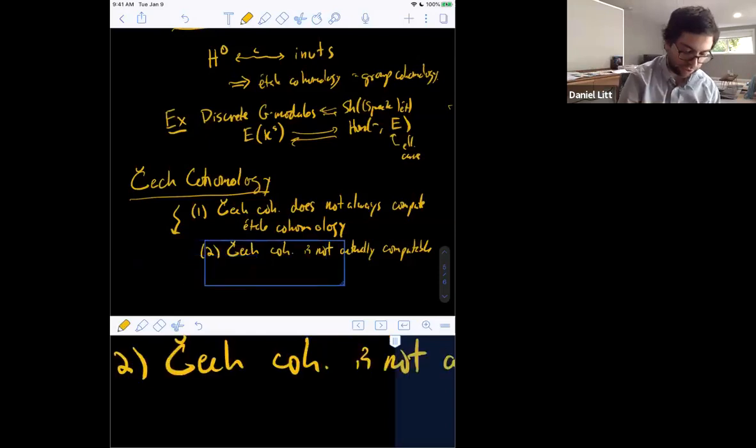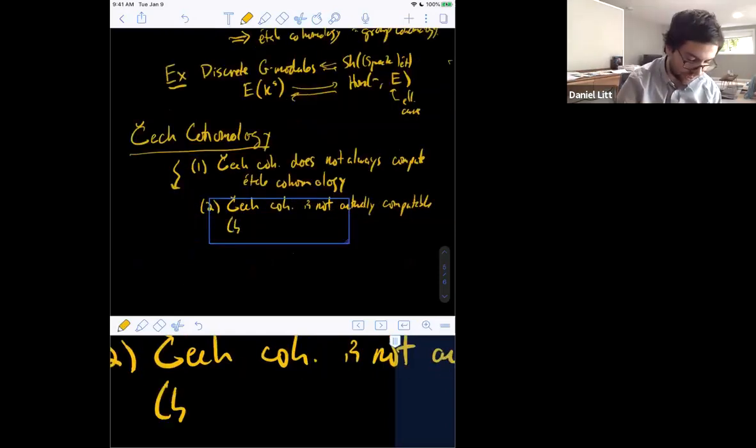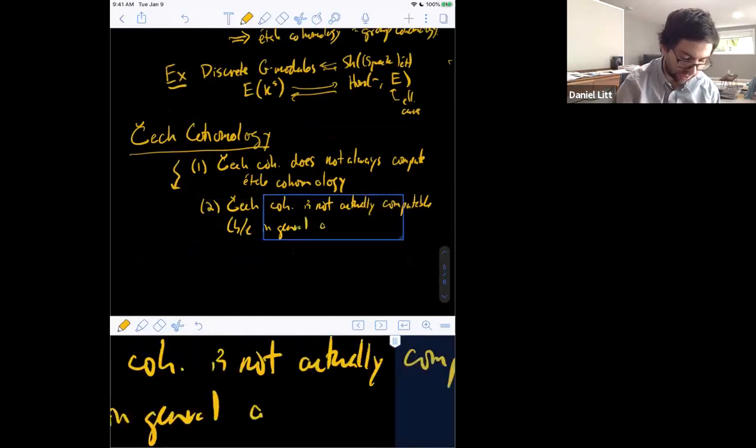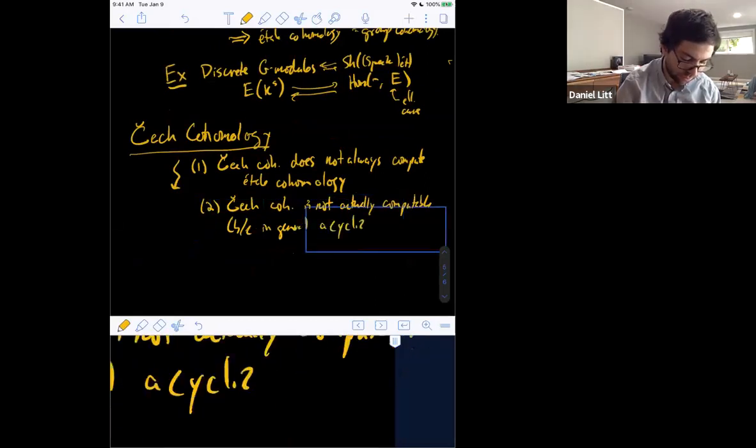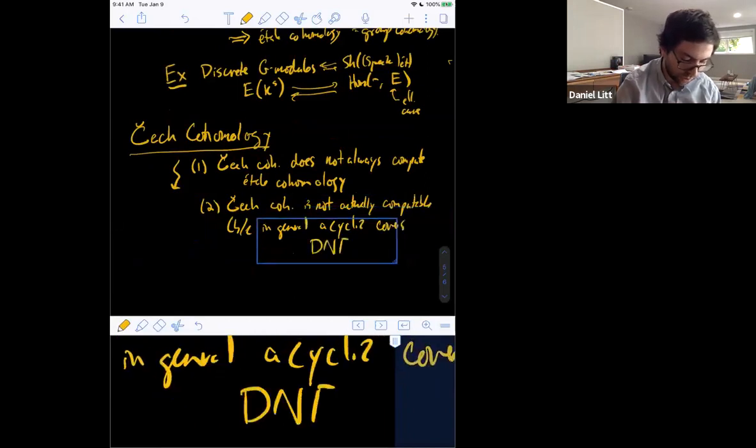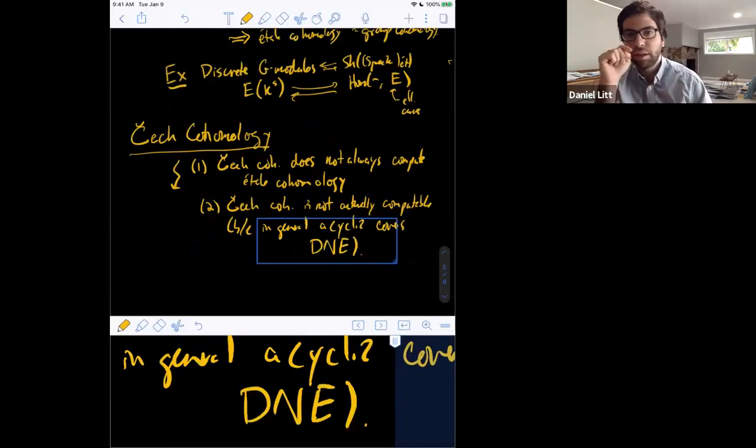It's because in general, acyclic covers do not exist. This is one of the big differences between étale cohomology and, let's say, singular cohomology of manifolds, and it makes things a lot harder.